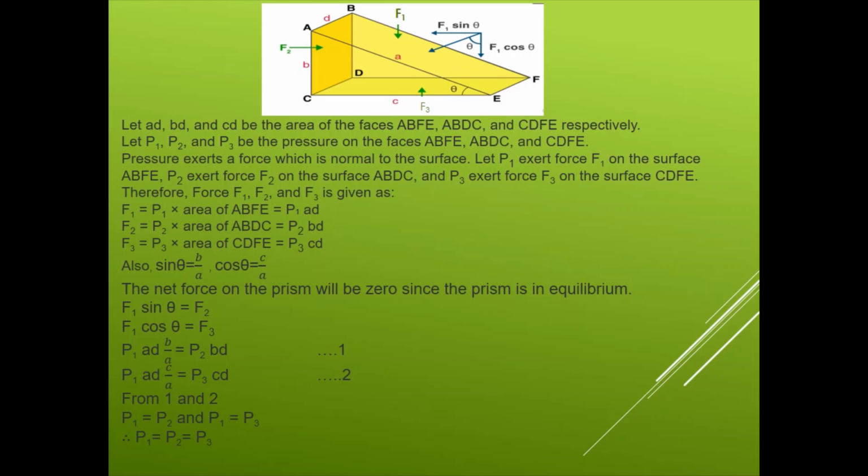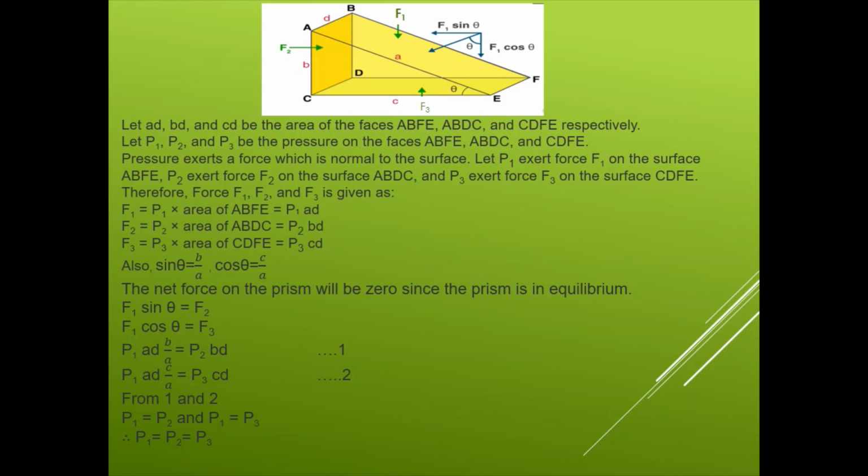Now the pressure exerts a force which is normal to the surface. Let P1 exert a force F1 on the surface ABFE, P2 exert a force F2 on the surface ABDC, and P3 exert a force F3 on the surface CDFE.